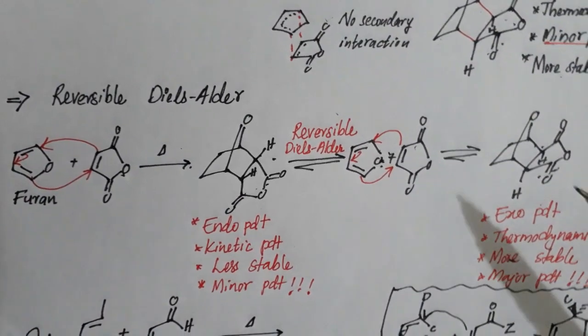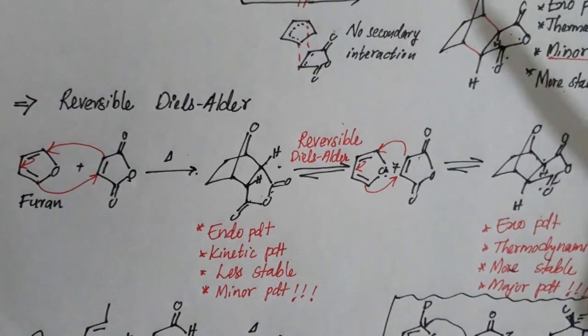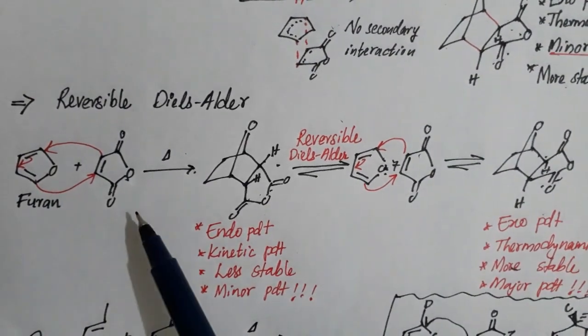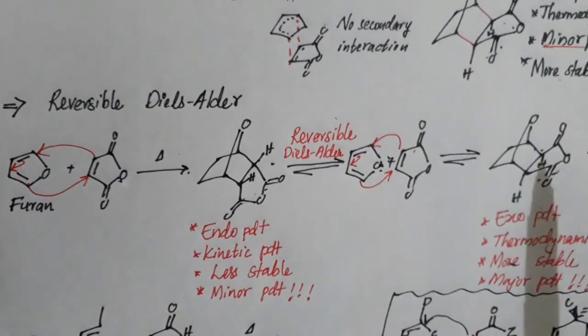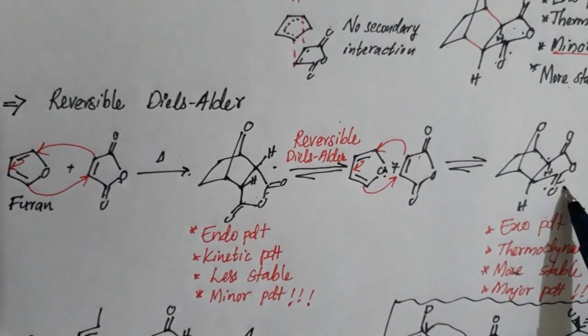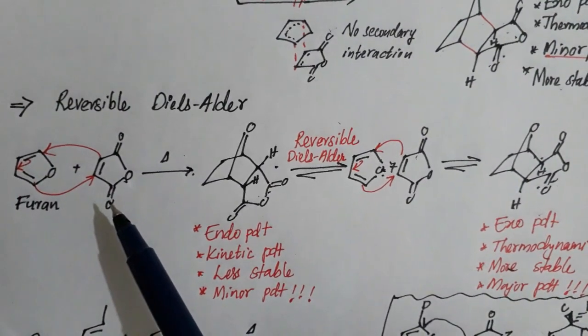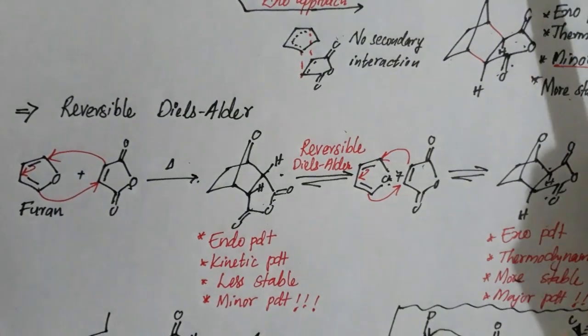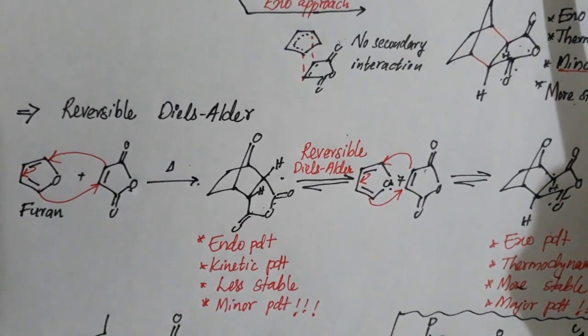So it is an exceptional case, contradictory to the Endo rule. Remember, if your Diels Alder reaction is reversible, the major product will be the exo product. If it is not reversible, the major product will be the Endo product in accordance with the Endo rule.